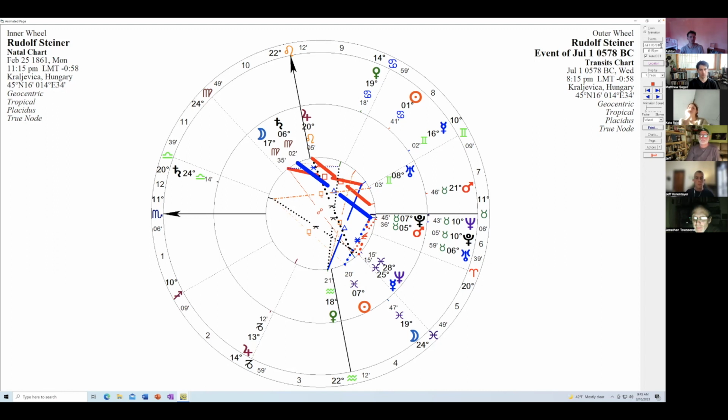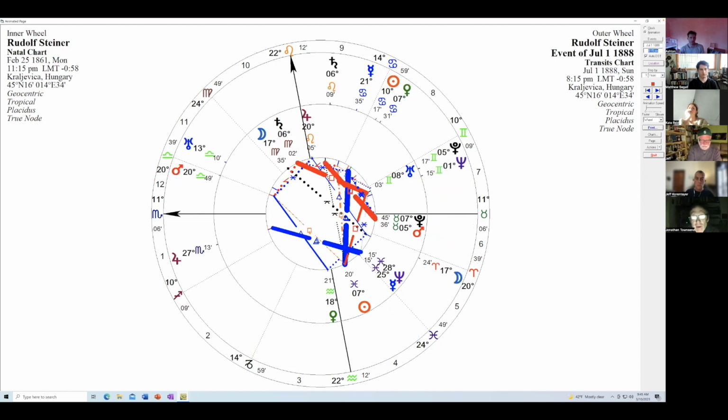And then the next one occurred in 1880, exactly 1888. And it happened to be in conjunction with Steiner's natal Uranus and square to his sun.